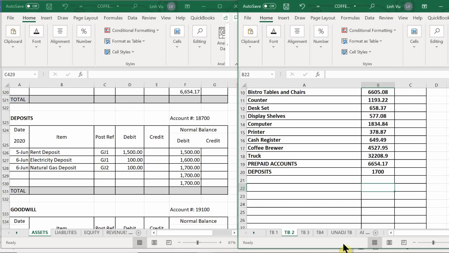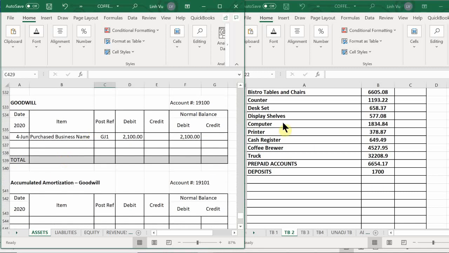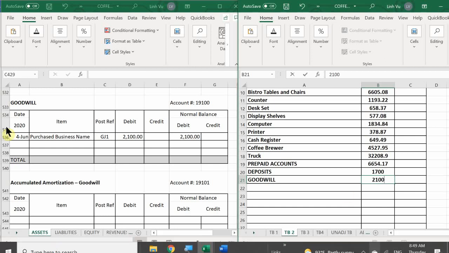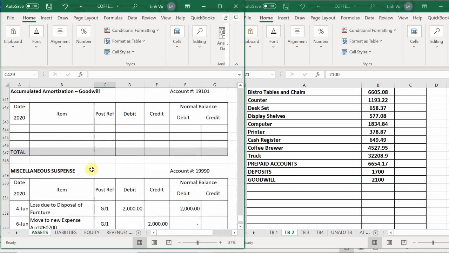Okay. Let's see. Goodwill, for a total of 2,100. Okay. Let's see what else is next. No amortization yet.